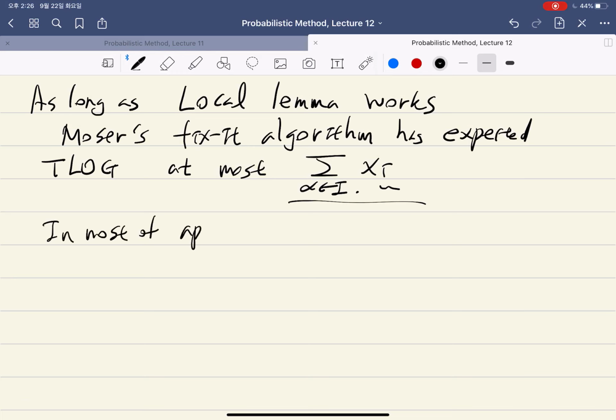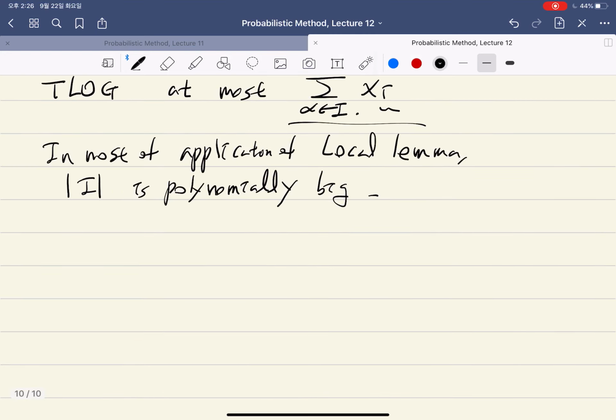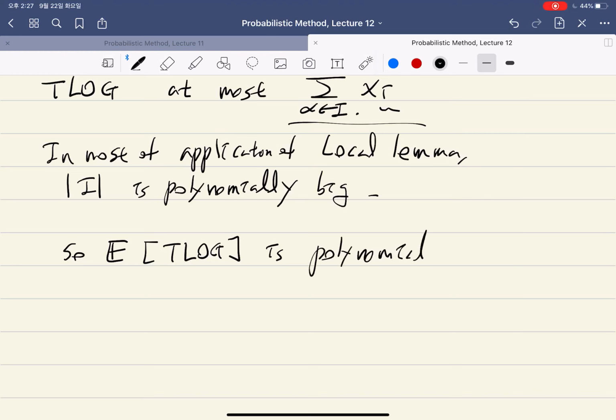So the expected length of the log is polynomial, say big O of n to the s.